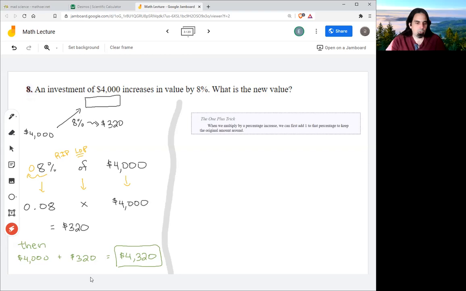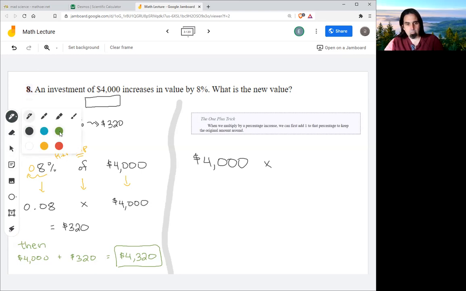And what's the secret for having a number not do anything? You multiply it by 1. So I'm going to take my 4,000 and multiply it not by 0.08, but by 1.08.